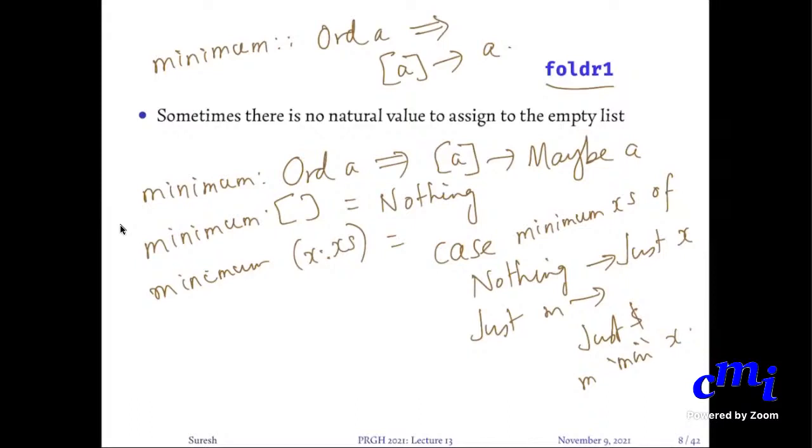Even in this case, you will see that foldr1 is easy to use, right? So you could just say minimum of a new minimum.